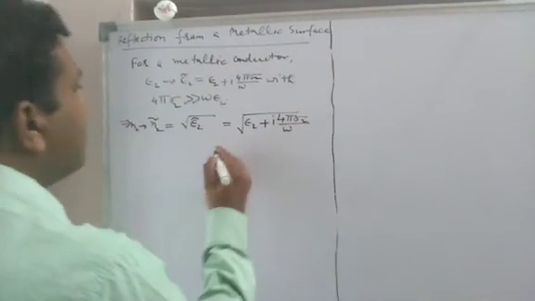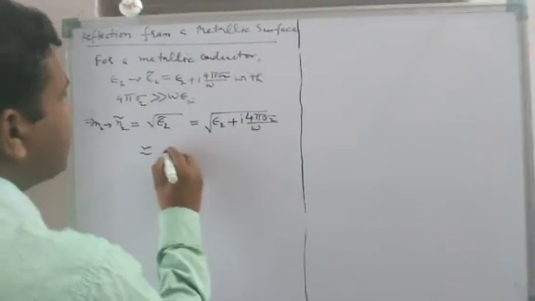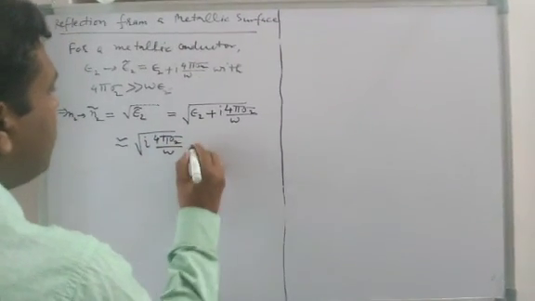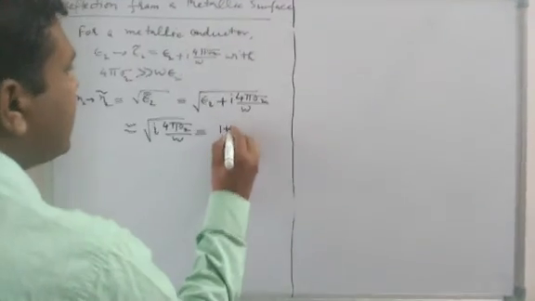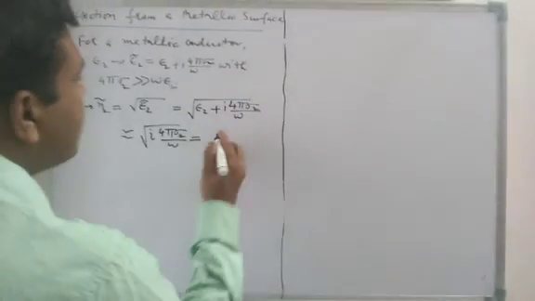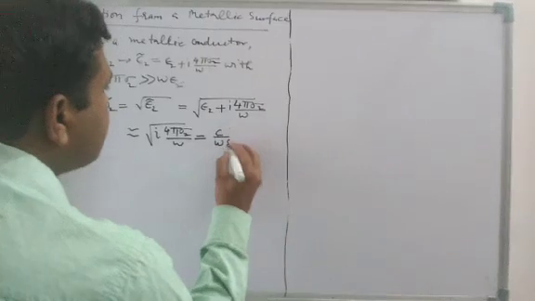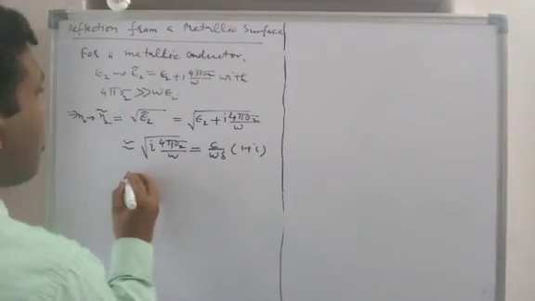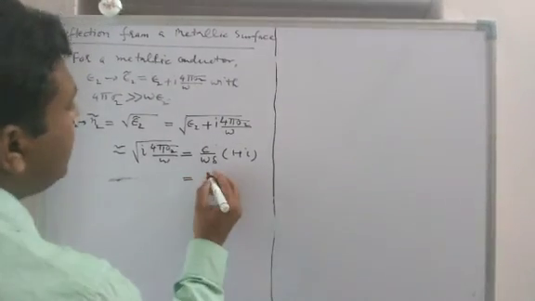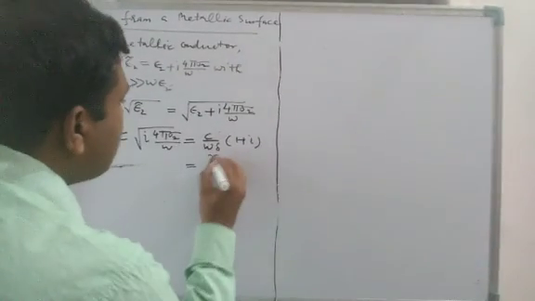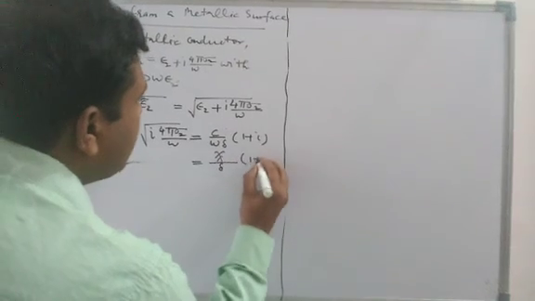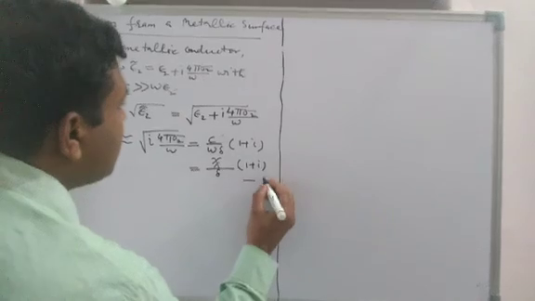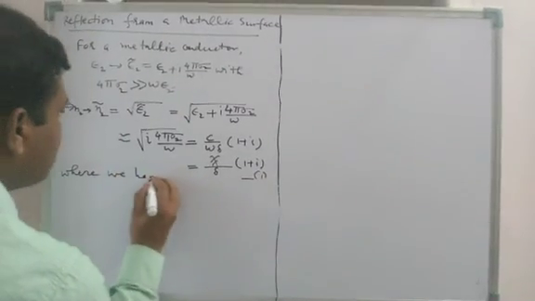And because of this particular limit, this could be approximated as i 4 pi sigma 2 upon omega, or that could also be written as 1 over 1 plus i, according to what we had discussed before, c by delta omega 1 plus i, or that could also be written as lambda bar by delta 1 plus i. Let me write this as equation number 1.